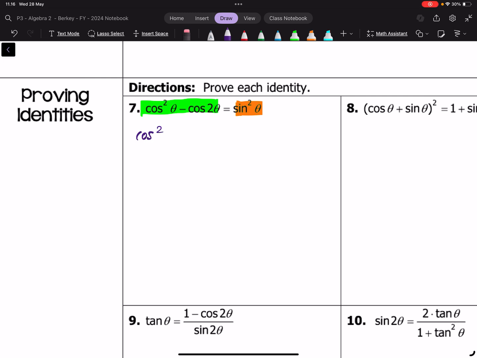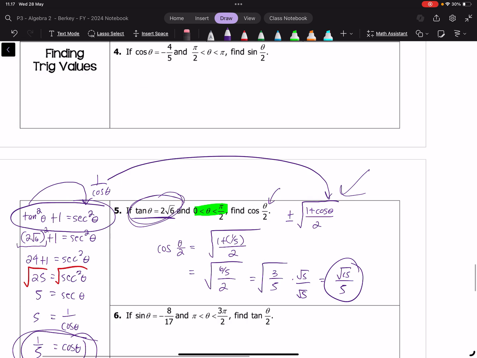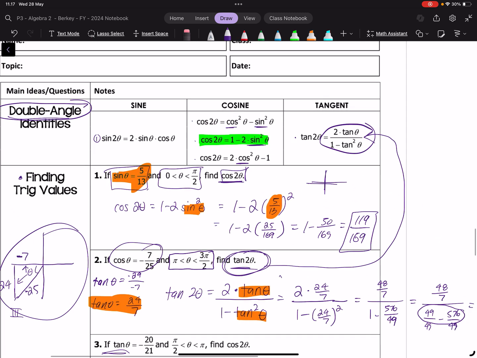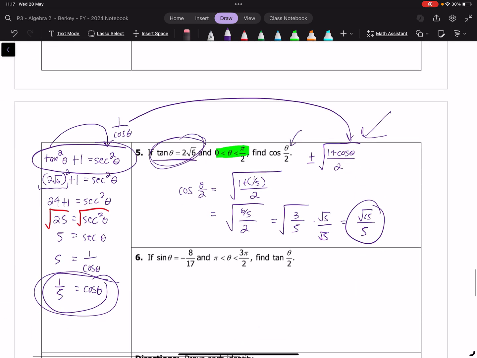So I'm going to do cosine squared theta. And now watch. This is a double angle, right? And think about it. We're trying to get to sine squared. So what substitution would we want to make? If you go back to the double angles, we're trying to get to sine. I might be tempted to do this one or this one. I'll do the one that has just the sine squared in it and not the cosine squared in it.